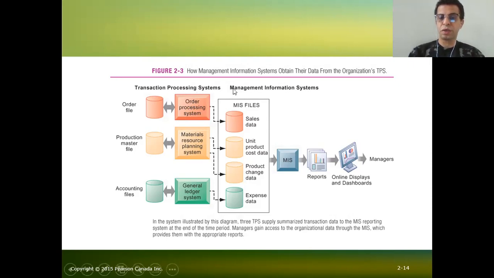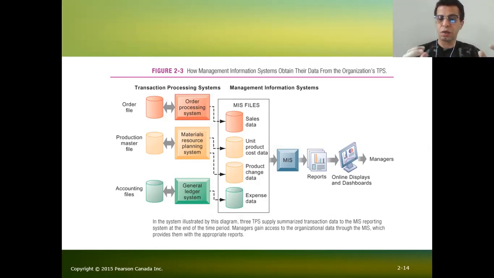Then the MIS, or management information system, will extract this data from all these different applications and put it in the sales data from the order processing system. Then probably the consumption comes from the unit product and cost data in the product change data, and the expenses collected as a cost, all generated within the MIS.